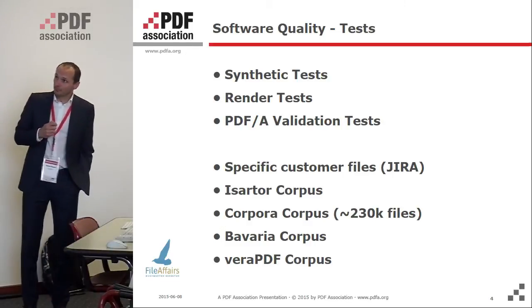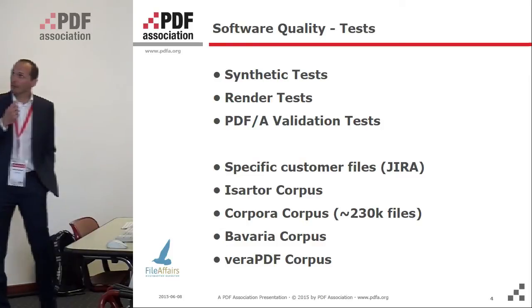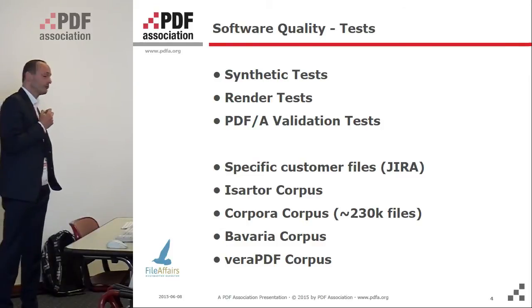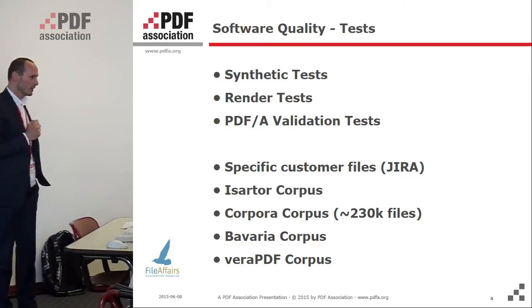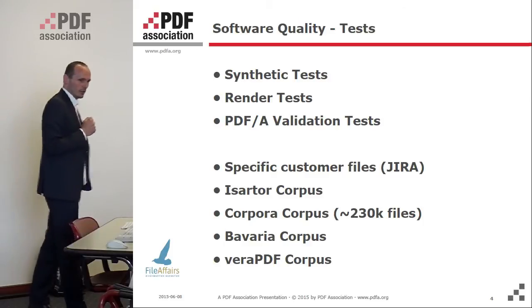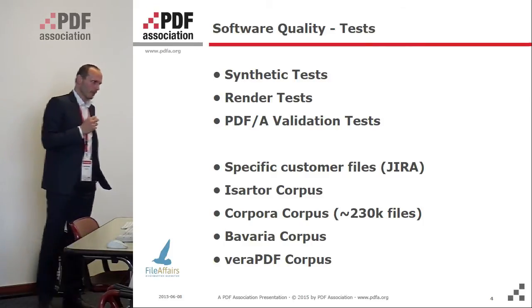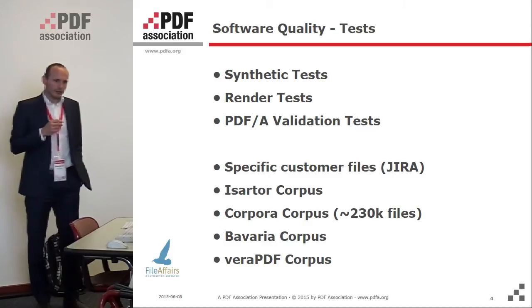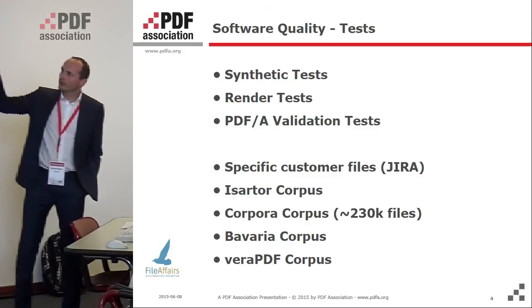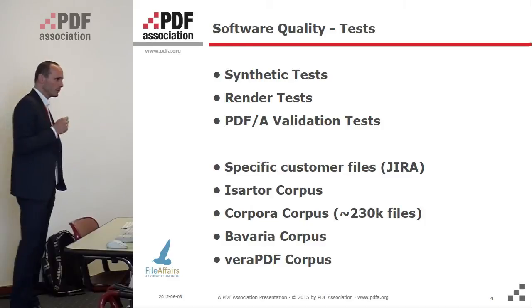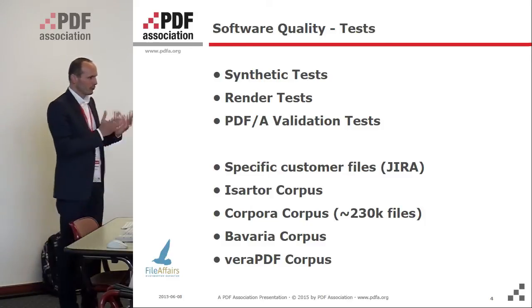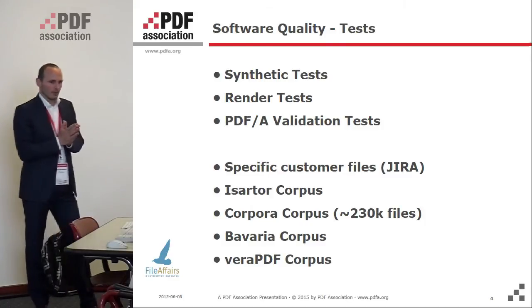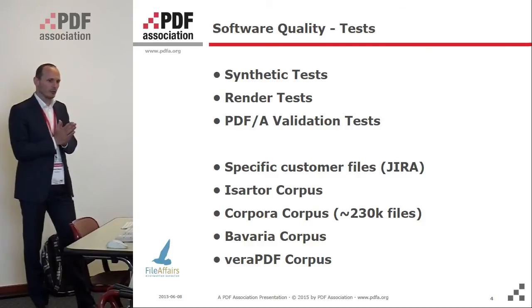Over time, we collected a number of specific files from customers through our issue management system. During last year, we saw that only testing through these specific customer files gave us only a certain test coverage, especially when we did render tests and PDFA validation tests.